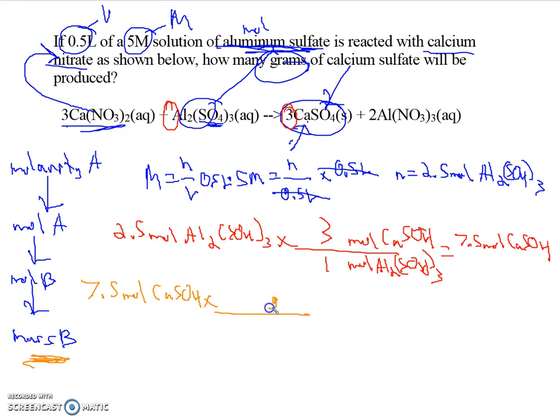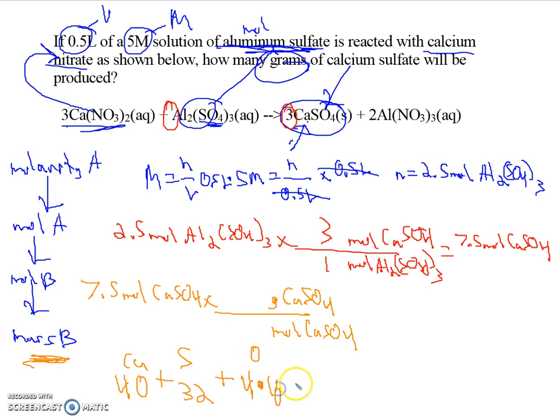And now we're going to go to grams of calcium sulfate, because that's what it's asking, over moles of calcium sulfate. For this, I need the molar mass. Calcium from the periodic table is 40, plus sulfur is 32, plus 4 oxygens, and each oxygen is 16.